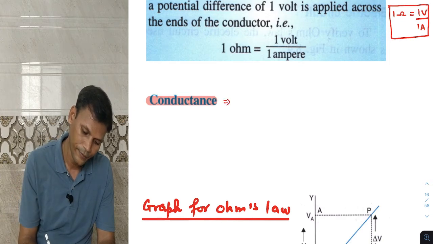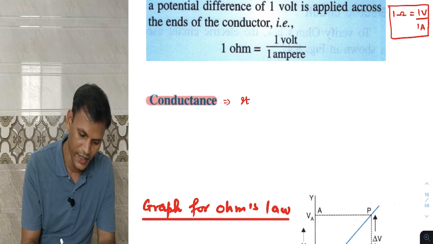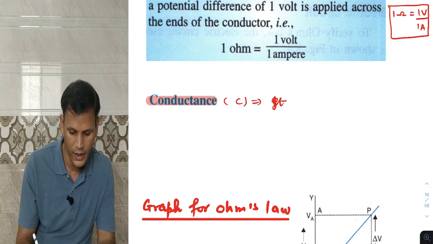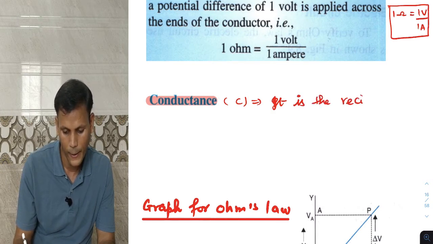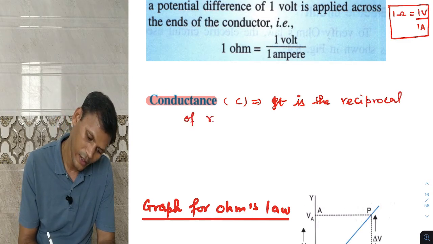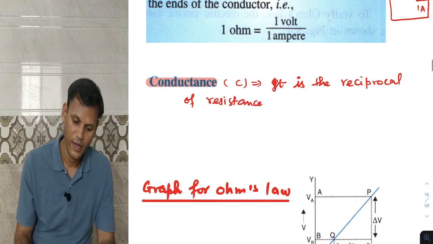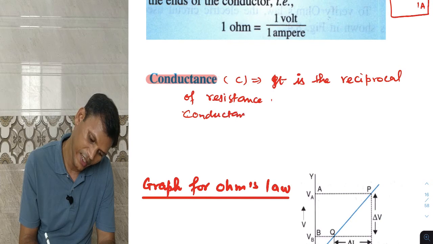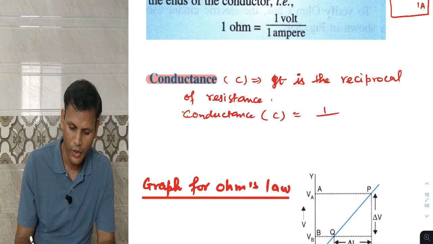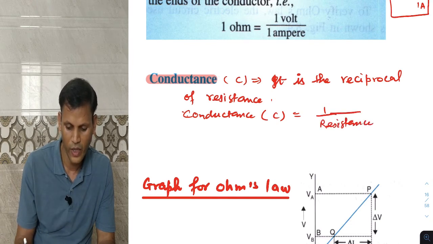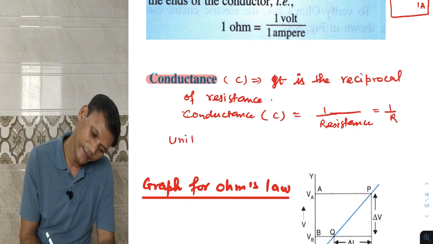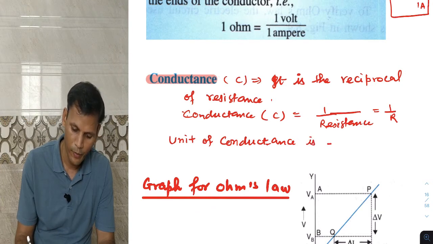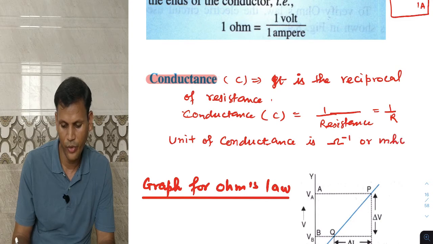It is sometimes represented by capital C. So we can write conductance C is equal to the reciprocal, meaning 1 upon resistance, so it is 1 by R. The unit of conductance is per ohm, or sometimes we write mho.